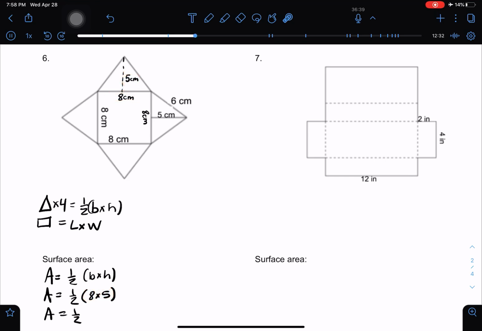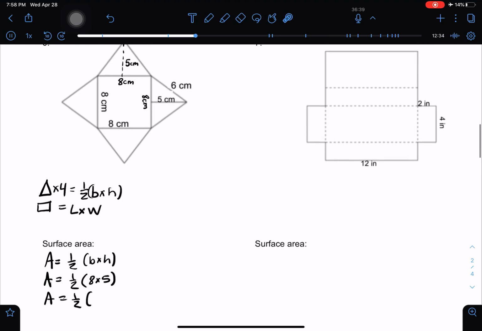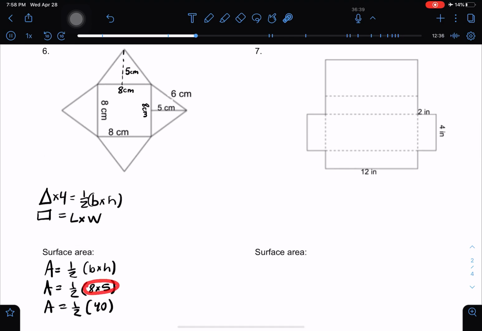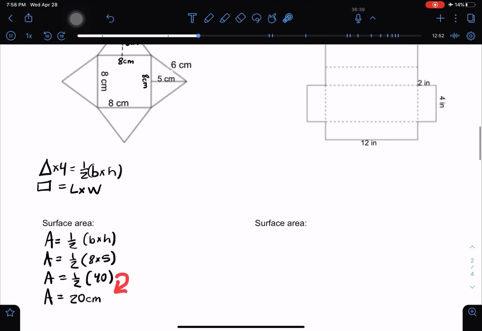We can find the product of 8 and 5 and plug in 40 into our problem here. And then we can go ahead and divide 40 in half, or multiply it by the half, and say that area equals 20 centimeters squared.